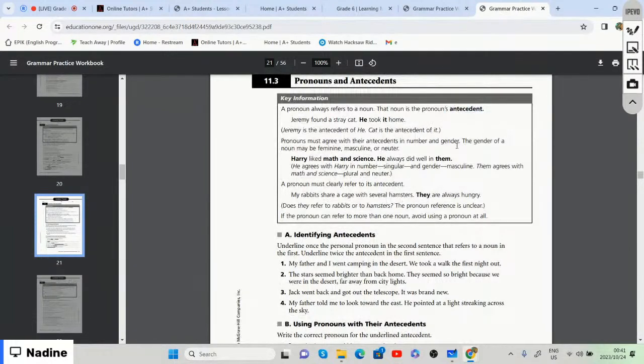The example: Jeremy found a stray cat. He took it home. Jeremy is our antecedent and our pronoun is he. Then cat is our antecedent and the pronoun it refers to the cat.